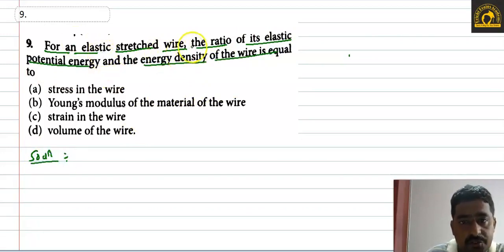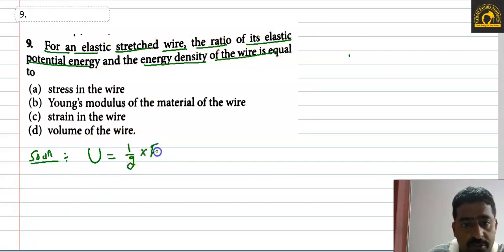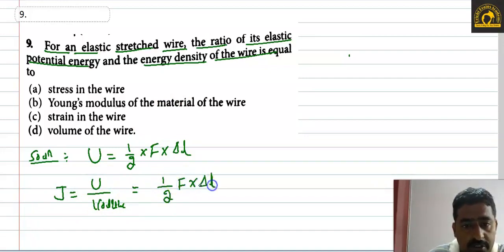The elastic potential energy is equal to 1 by 2 F into delta L. And the energy density is equal to elastic potential energy divided by volume, that is, 1 by 2 F into delta L divided by volume.